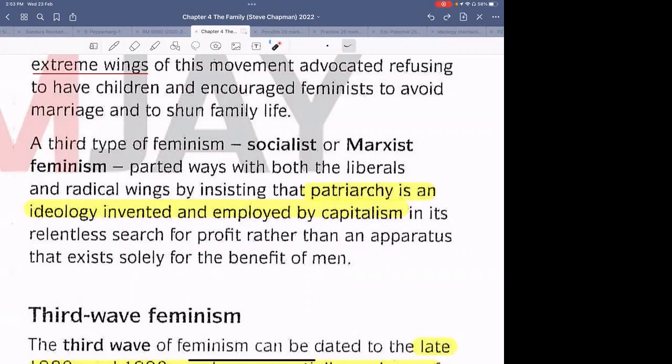Another point about Marxist feminism, according to Marxist feminists, a married man gets support from his wife.